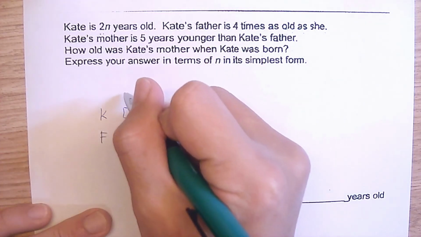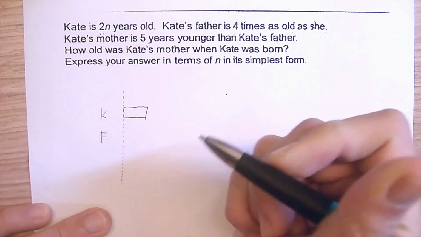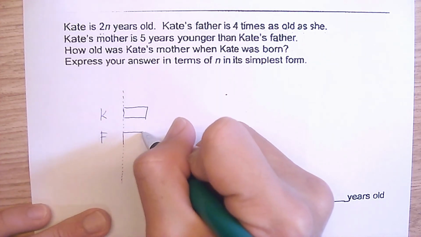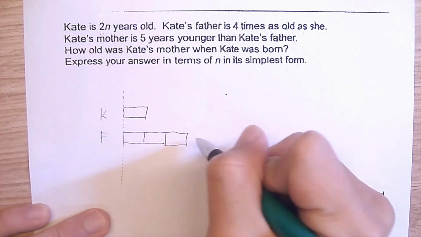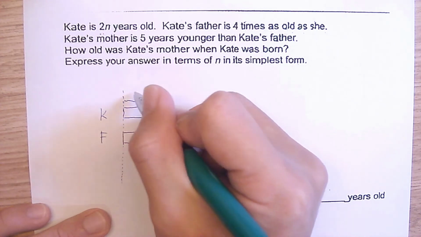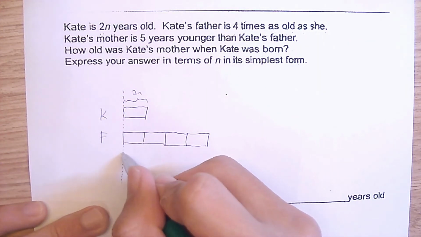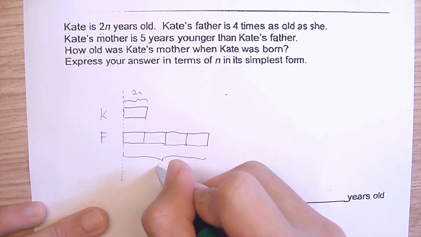So the father, okay, remember the starting line. Don't forget. I know I keep on saying this, but it's very important. So the father will be 4 bars. 1, 2, 3, 4. So it is 2n. This tells us that the father is 8n, because 4 times 2n gives us 8n.